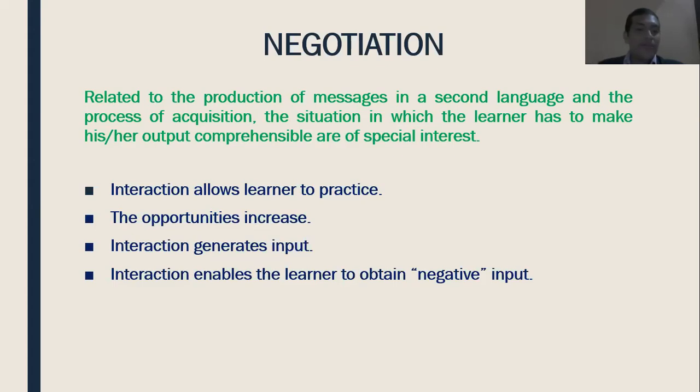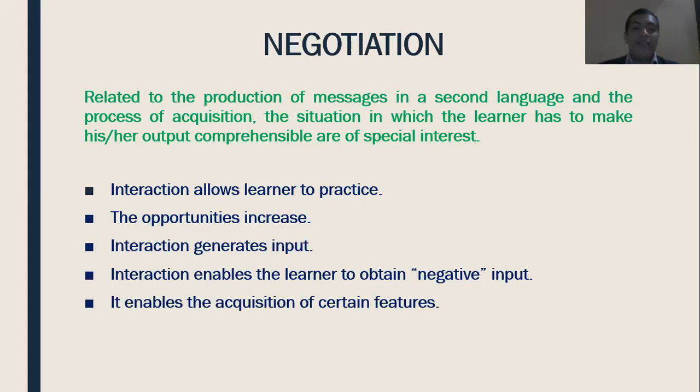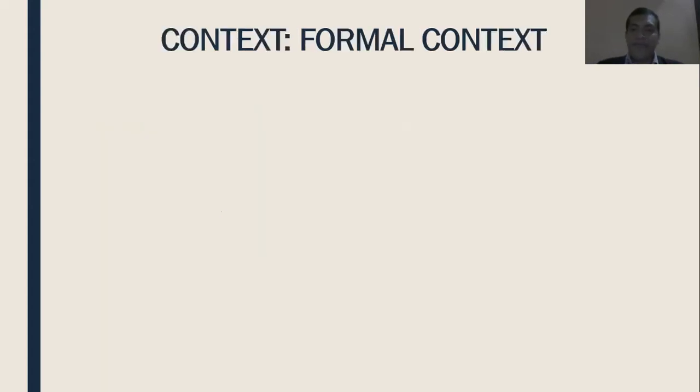Another important aspect is that interaction enables the learner to obtain negative input. Okay? And finally, it enables the acquisition of certain features. Okay, that is negotiation.